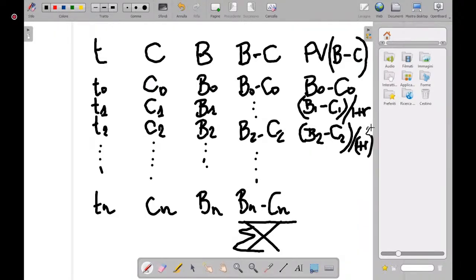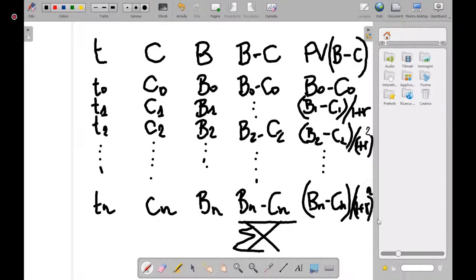And the same here, benefit n minus cost n divided by 1 plus r at the power of n. And in this case, you can do the sum.